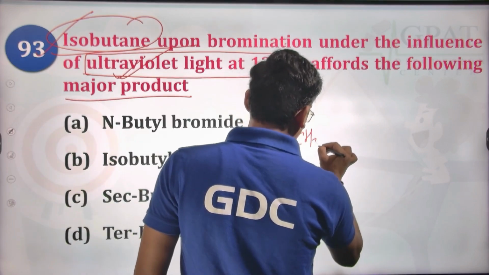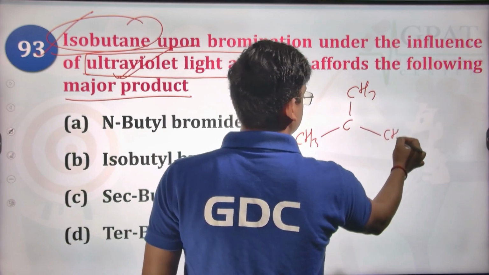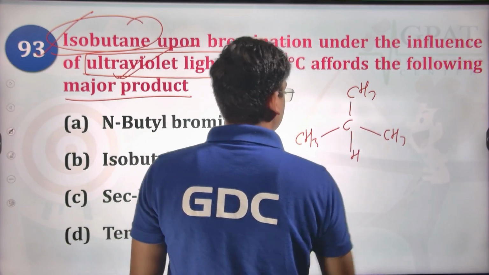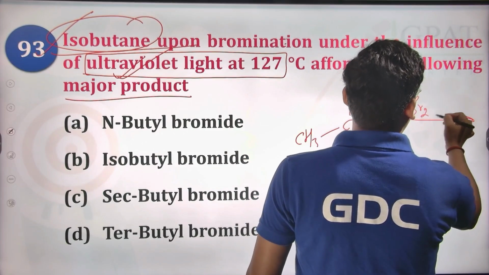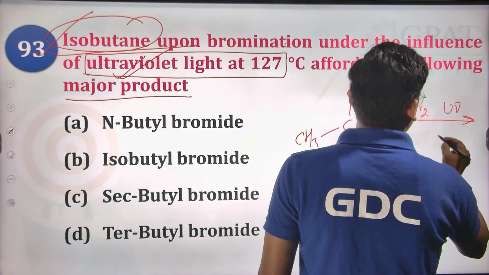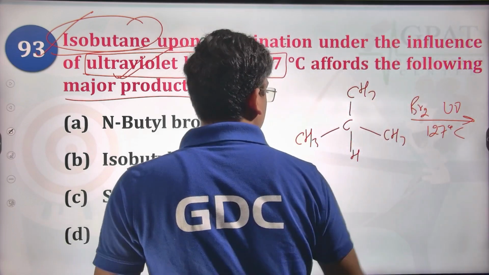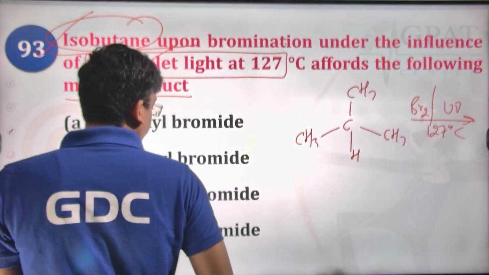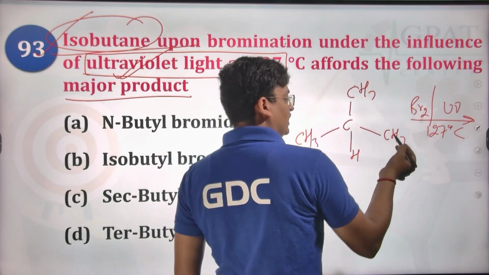So we are having CH3, C, CH3, CH3 and a hydrogen. And when we are brominating this with Br2 in presence of UV light at 127 degrees centigrade, a higher temperature, we can see that this carbon is having just 1 degree hydrogens, this is also having 1 degree and 1 degree hydrogens.